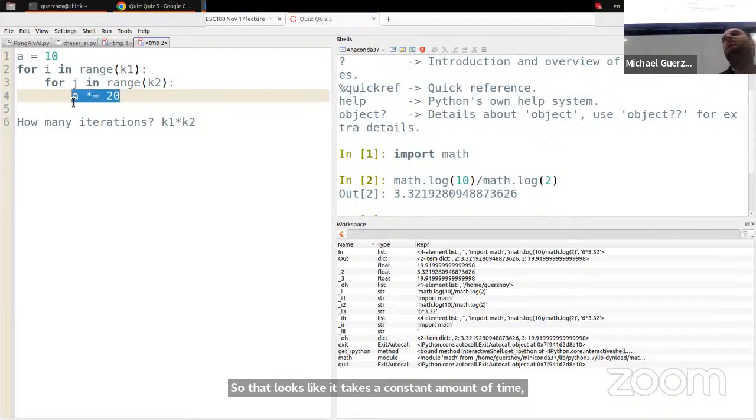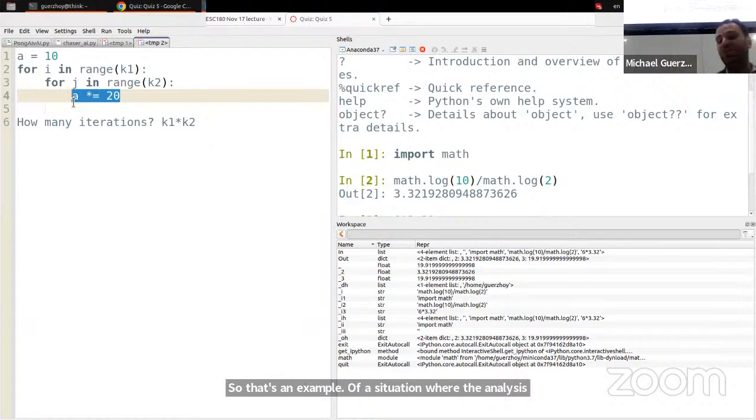As A grows larger and larger, if it's an integer, it could have an unlimited number of digits. Multiplying it by something takes more and more time because you need to store more and more digits. So that's an example of a situation where the analysis is actually quite complicated.